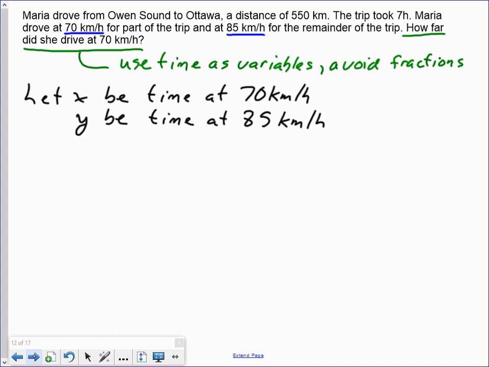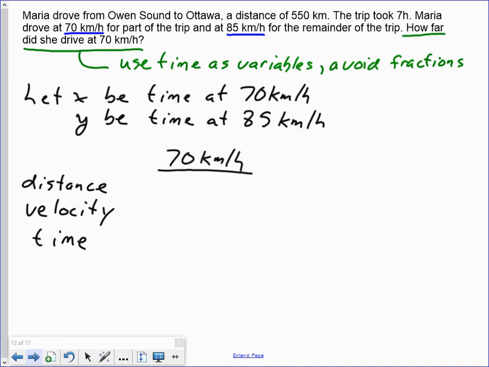And again, let's set up our little table here. Distance, velocity, and time. And we've got a 70 kilometer per hour section, an 85 kilometer per hour section, and a total.